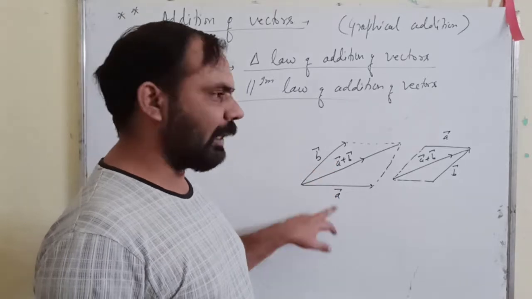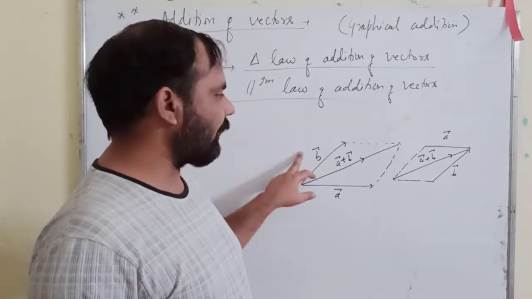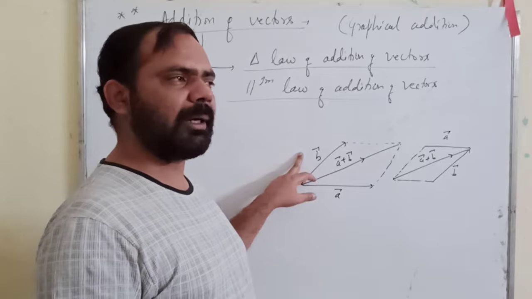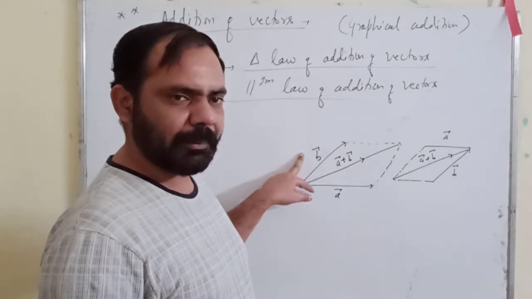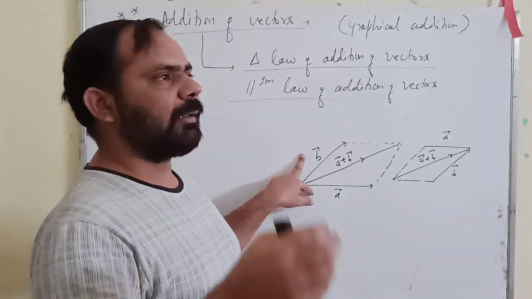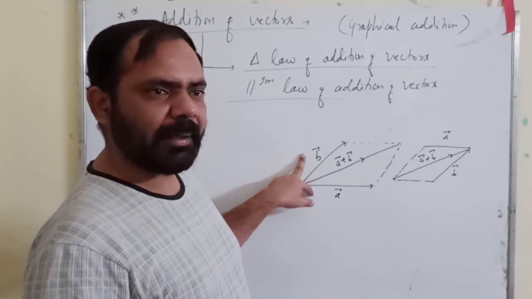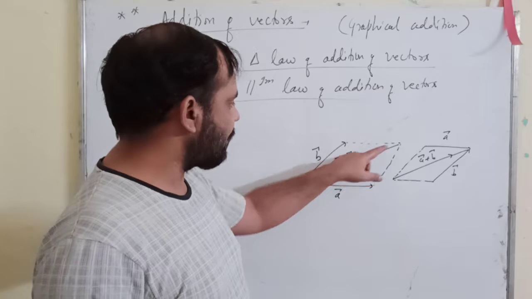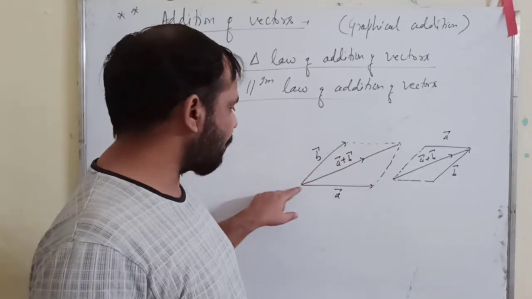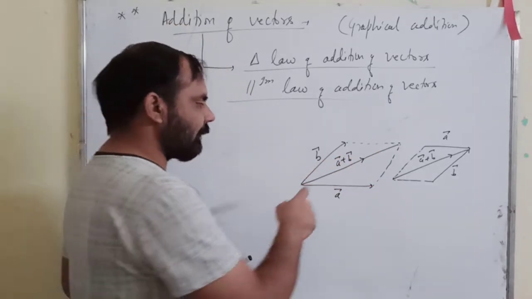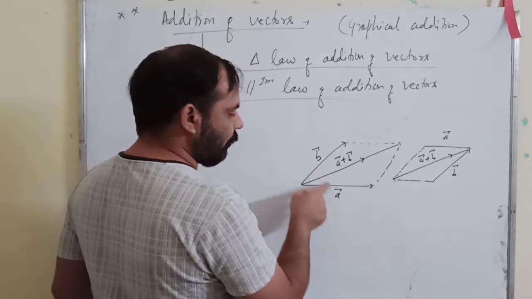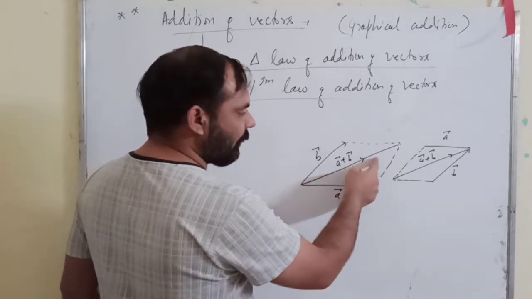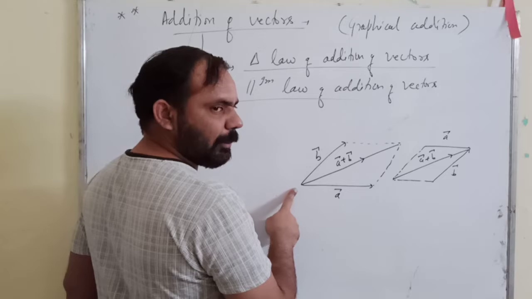See, suppose you can represent the two given vectors by two adjacent sides of a parallelogram, right? Then the sum will be represented by the diagonal common to both the vectors. It should be like this: suppose your vectors are co-initial, then the initial point of the diagonal should be at that co-initial point.